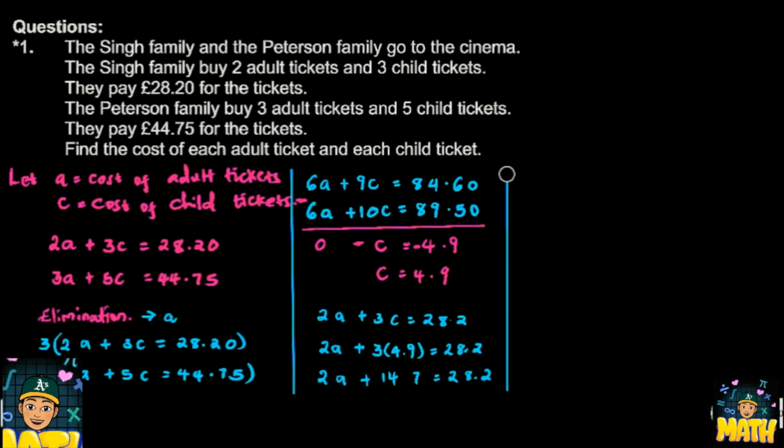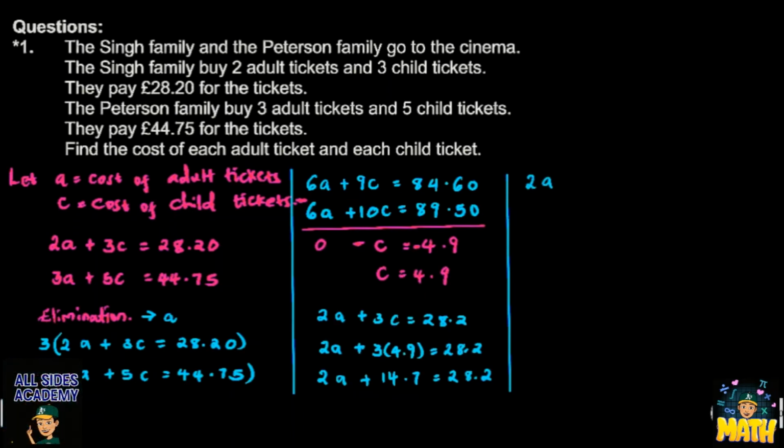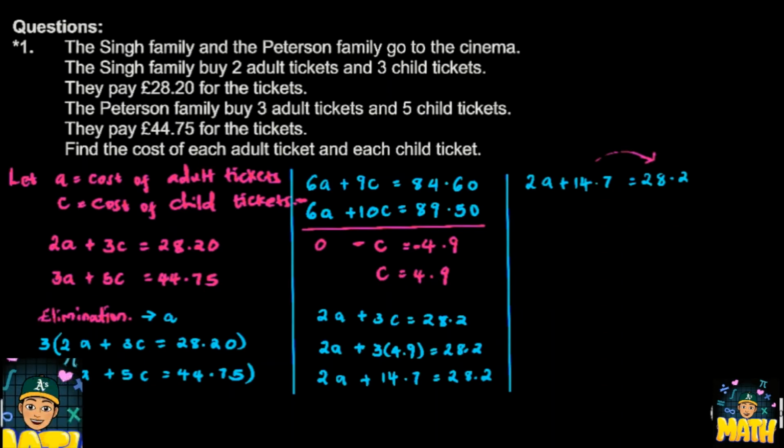Then I take the 14.7 to the other side of the equation. So I remain with 2A equals 28.2 minus 14.7.